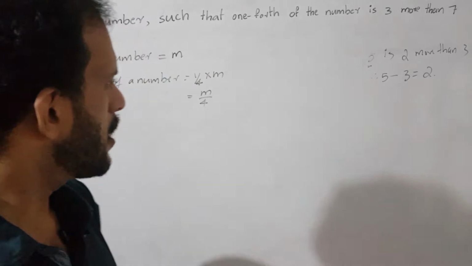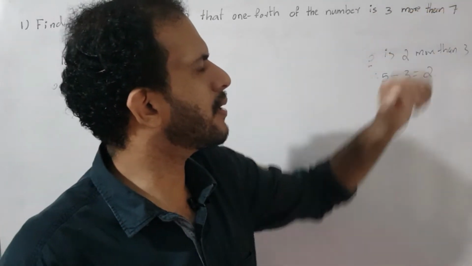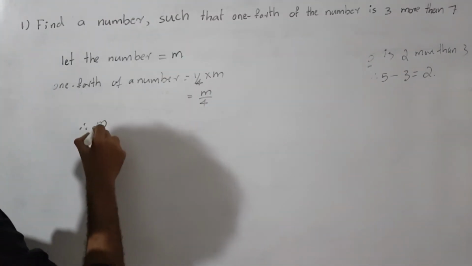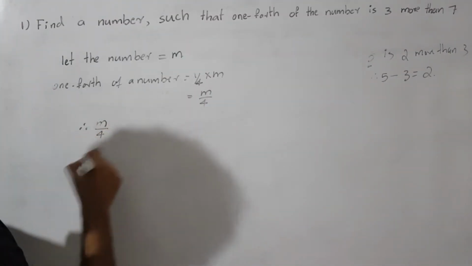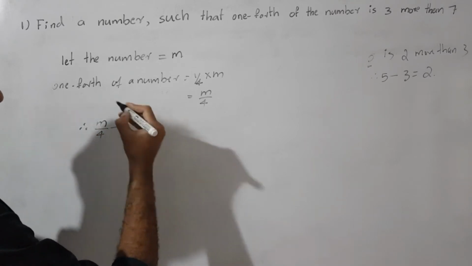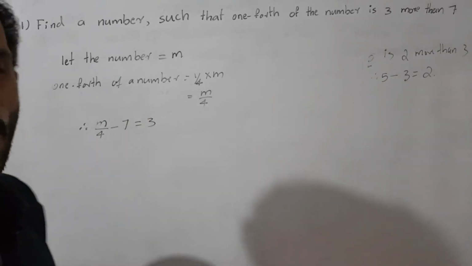Like here, m by 4 is 3 more than 7. Then how to write? Yes, therefore m by 4 minus 7 is equal to 3.